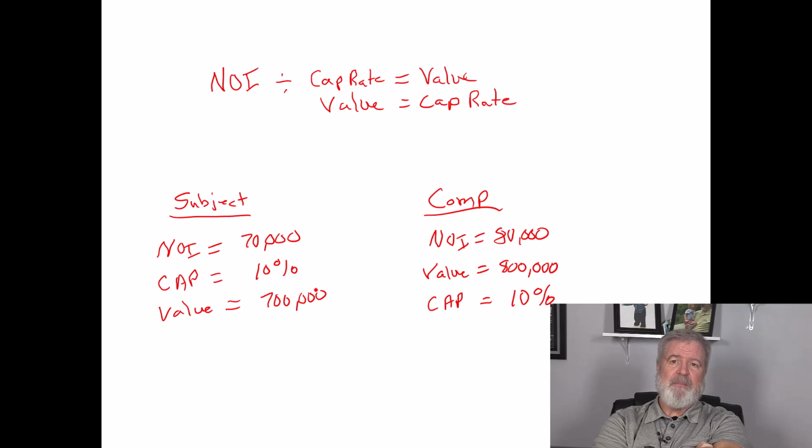The reason it might be a long question is because they may not tell you what the net income is. They may not provide that to you. In fact, good chance they won't. Rather, what they will provide is, say, this property rents for $2,000 per month.